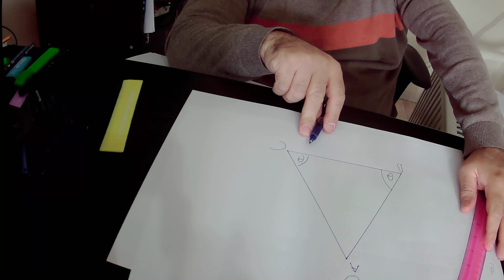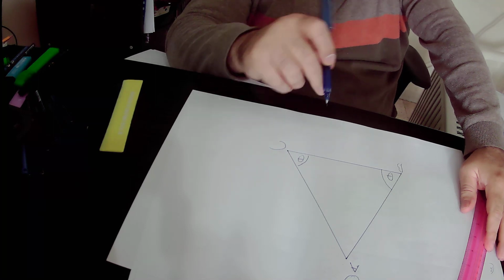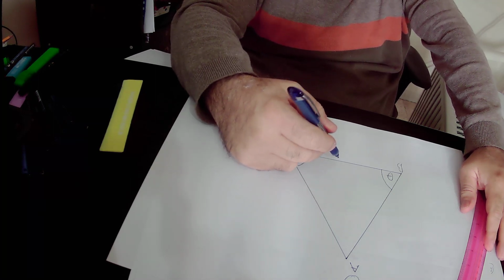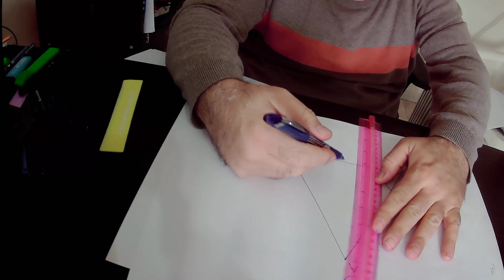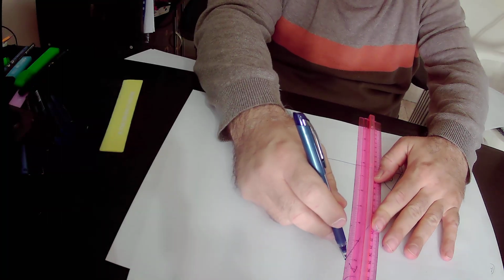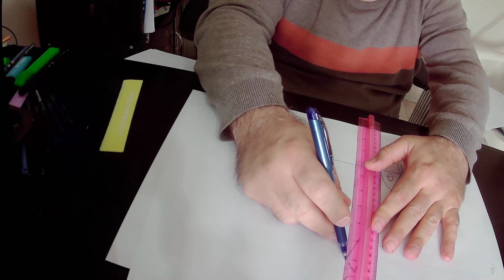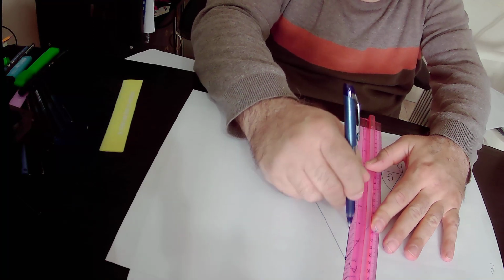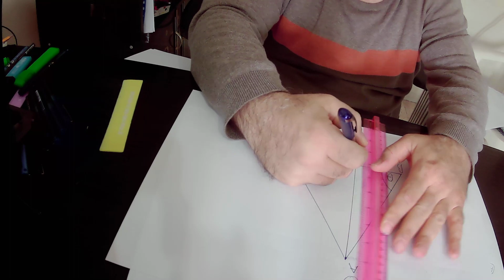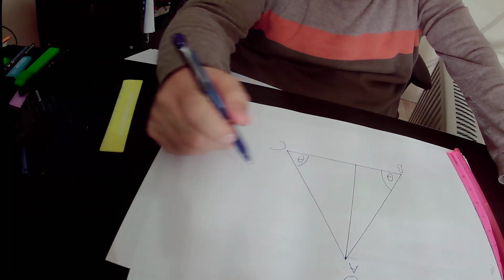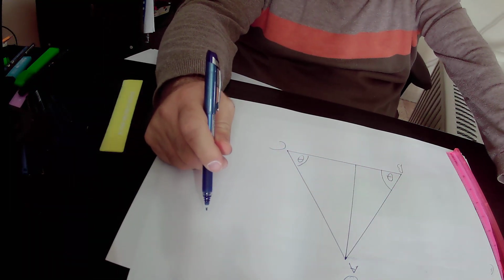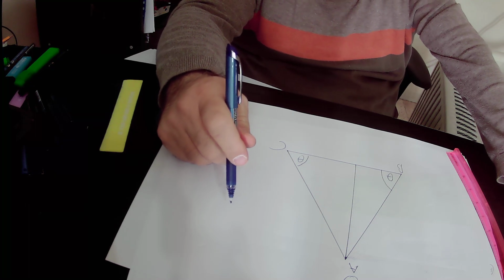If from point A we draw the median to the base BC, the median divides the base BC into two equal parts.